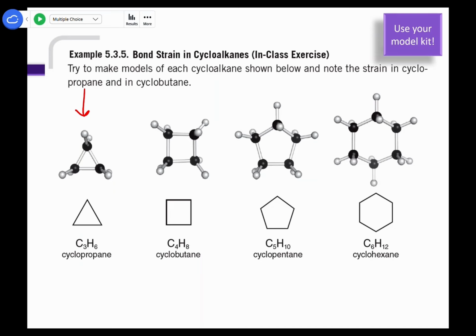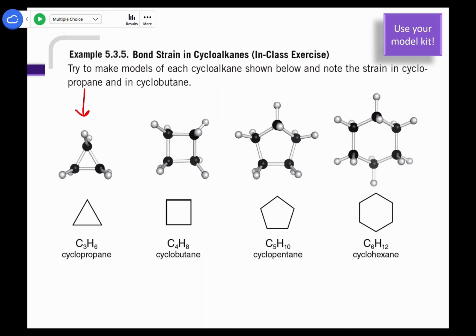This would be CH3, CH2, CH3. But to make it a cyclic compound, we're going to take this hydrogen and this hydrogen, remove them, and really tightly put these together.